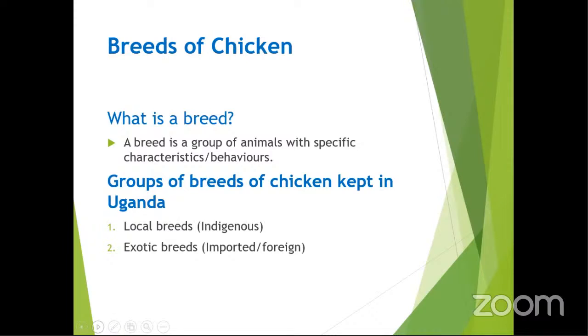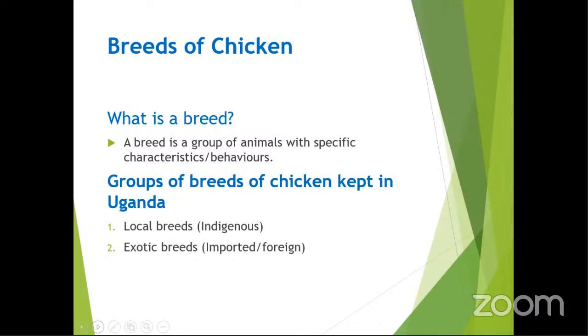Don't confuse them with the types of chicken. Types of chicken are three, where we have the broilers, the layers, and then the dwarf papas. But if they say groups of breeds of chicken, these ones are two. We have the local breeds and exotic breeds.